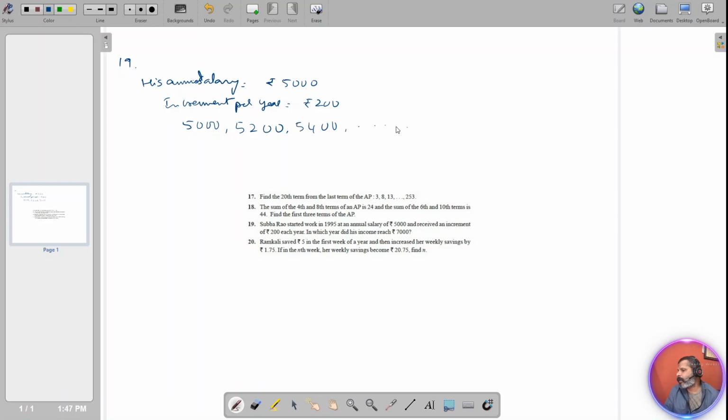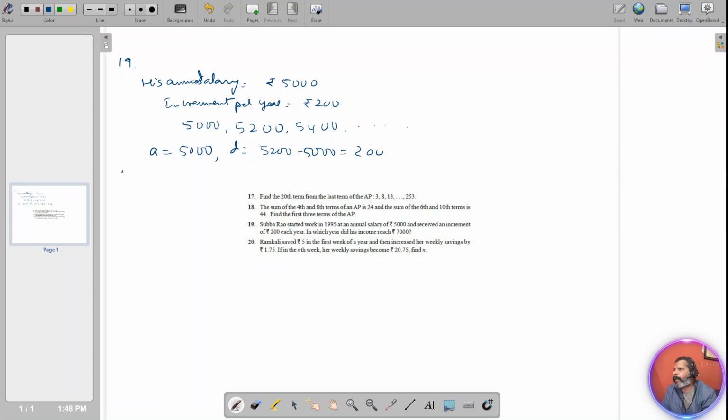What is the last salary he drew? I mean, they want to know in which year he will get 7,000 rupees, right? So for that we have to put AN. So here A is 5,000. D we know already because we constructed the AP. So D is 5,200 minus 5,000, that is 200.